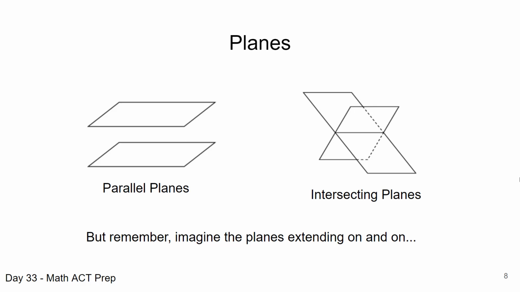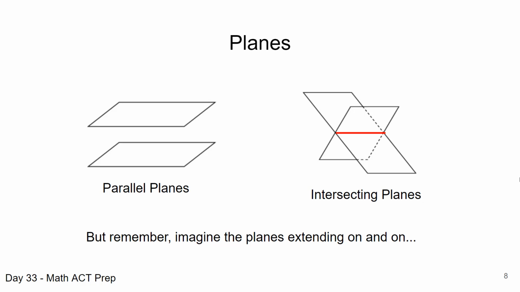If you'll notice in the image on the right-hand side, this is our example of intersecting planes. Again, the planes go on in both directions infinitely, but we're just showing it graphically here. And the red area here is where they intersect. We've talked before about lines intersecting at a point. But what about for planes? What is formed when planes intersect?